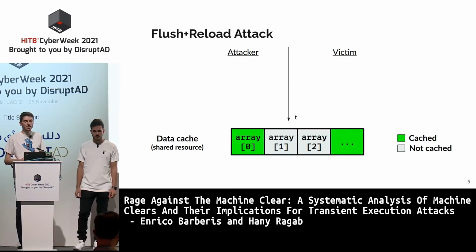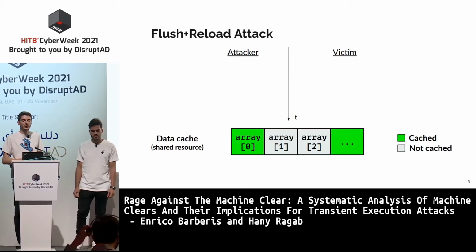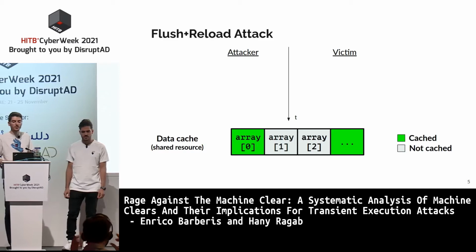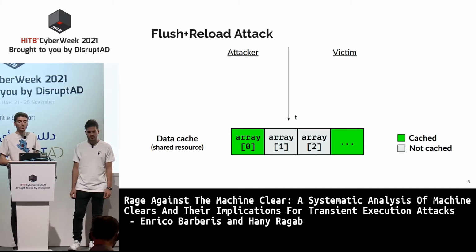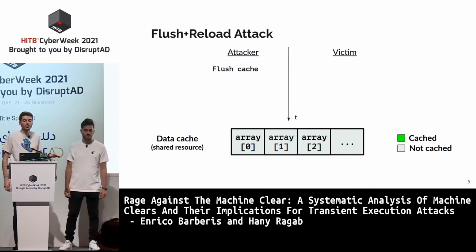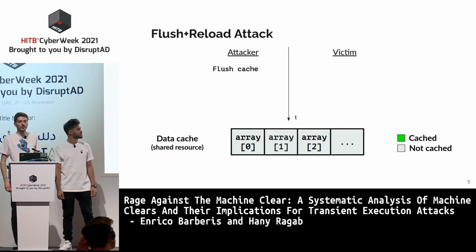We have the data cache at the bottom, where we have some entries of an array stored in this cache. The green ones will be cached and the gray ones will not be cached. At the beginning, some entries will be cached, some other entries will not. The first step is to bring this cache to a known state, by, for example, flushing the entire cache.